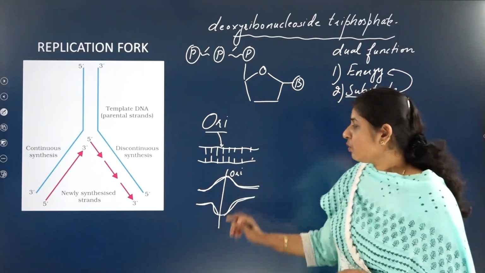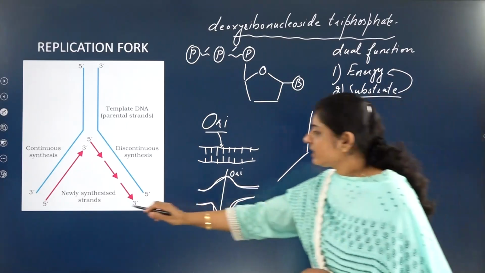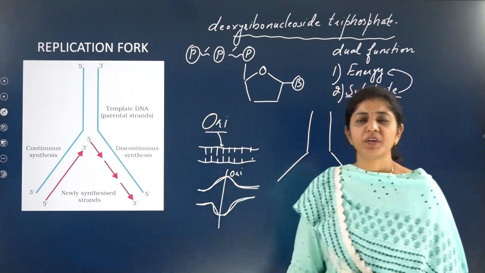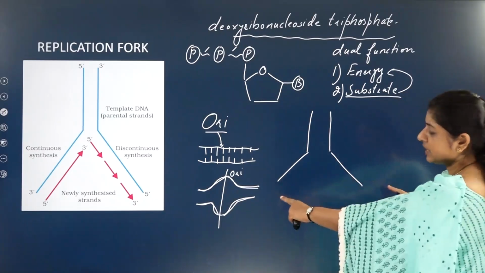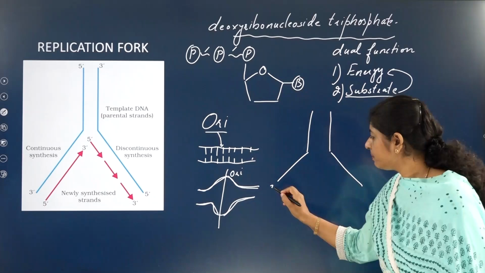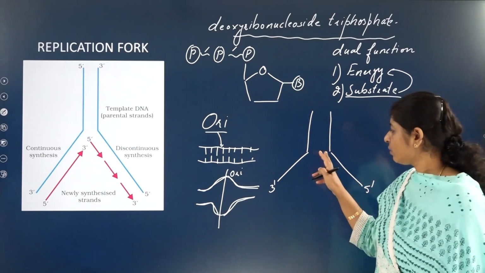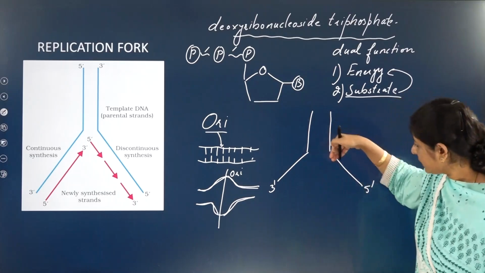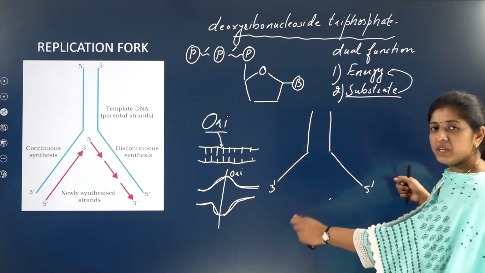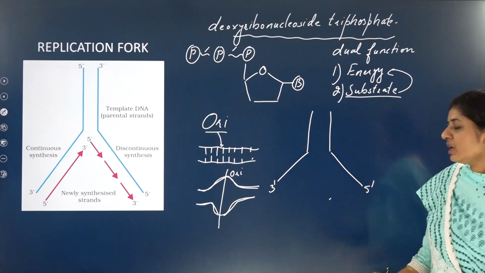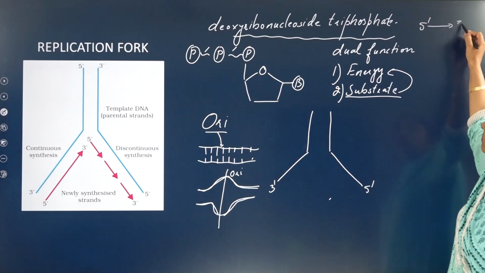Okay. Now, once this is creating this fork, it is not like that directly the red line means the replica is going to be formed. To remember, all the convention you have to take from this open end. This is 3' of one parental strand, this is 5'. This is the fork end or the fork. If you are going like this, you are going away from the fork, but going towards the ORI point from where the opening happened, right? Now, remember one thing, replication is happening from 5' to 3'.